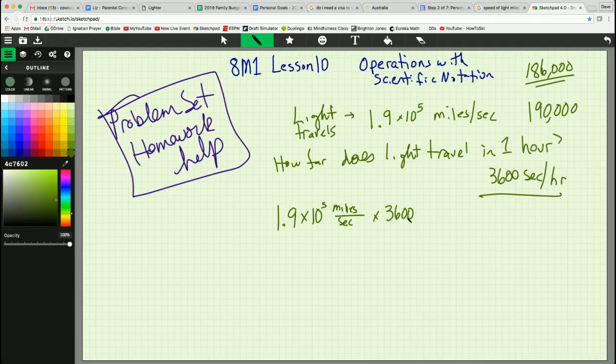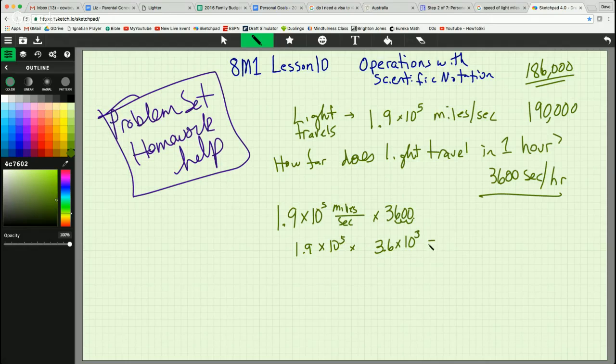So we're going to do this multiplication in scientific notation. To do that, both numbers have to be in scientific notation. So let's put this one in scientific notation, right? 3.6 times 10 to the 3rd. 1.9 times 10 to the 5th miles per second times that.